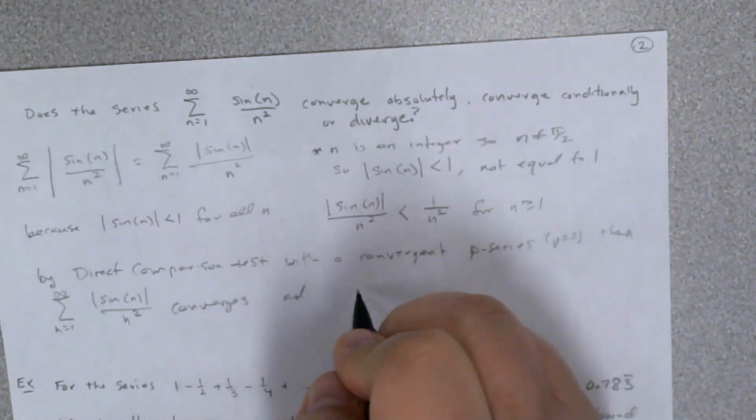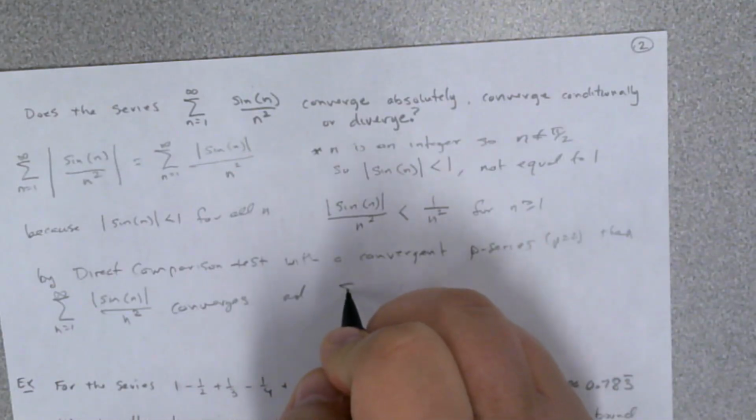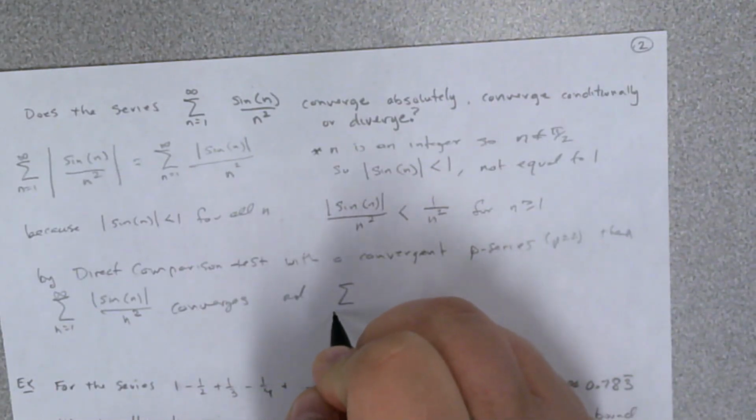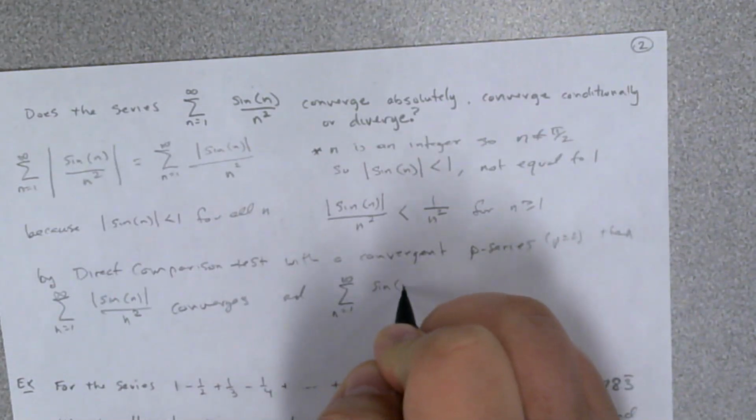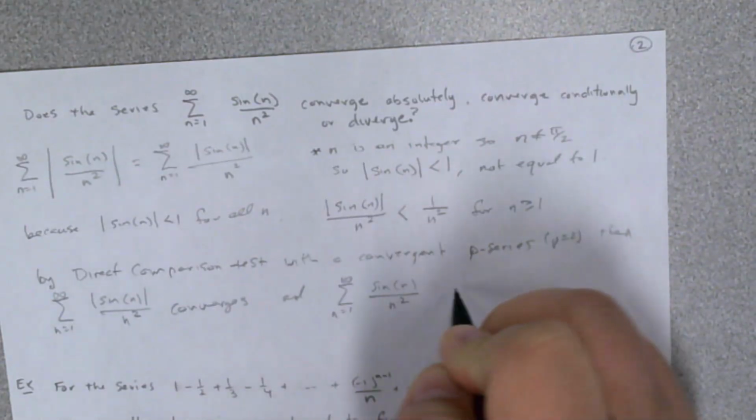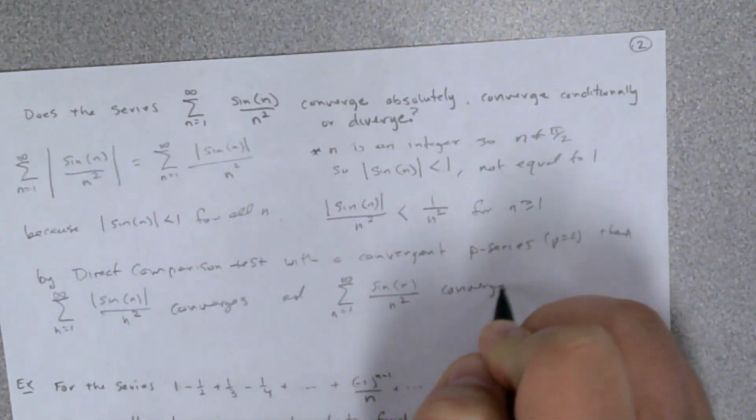And then the original series, sine of n over n squared, will converge absolutely.